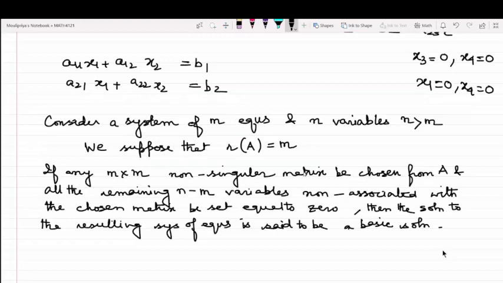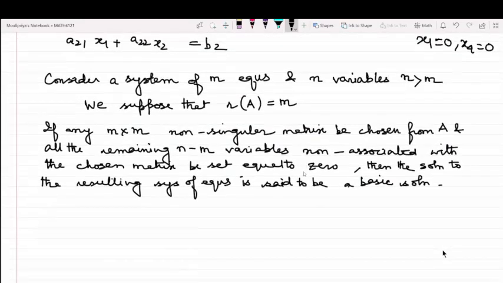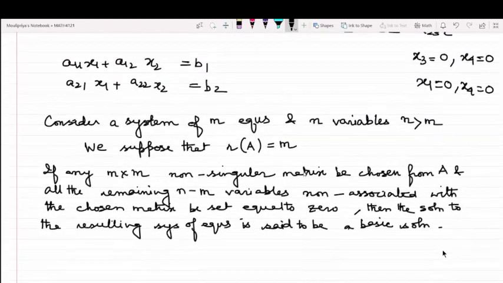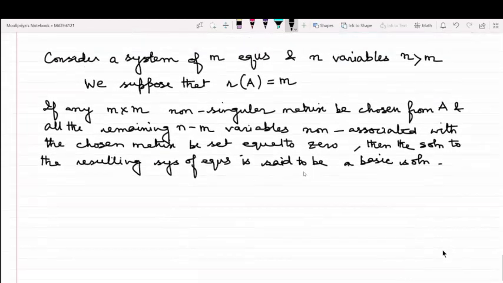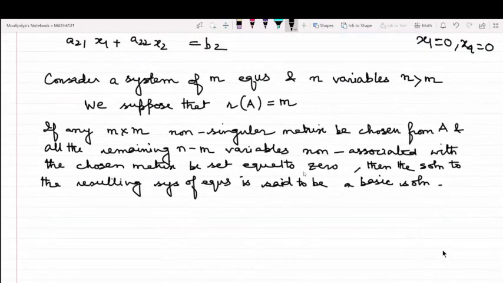Now tell me one very elementary question. I'm asking a very elementary question. I want that answer from you. Suppose we have m equations in n variables, then can you tell me in how many ways we can choose one m cross m matrix out of it?